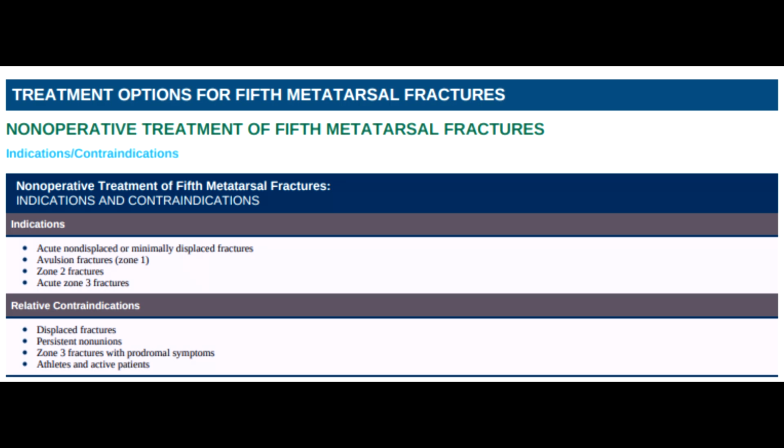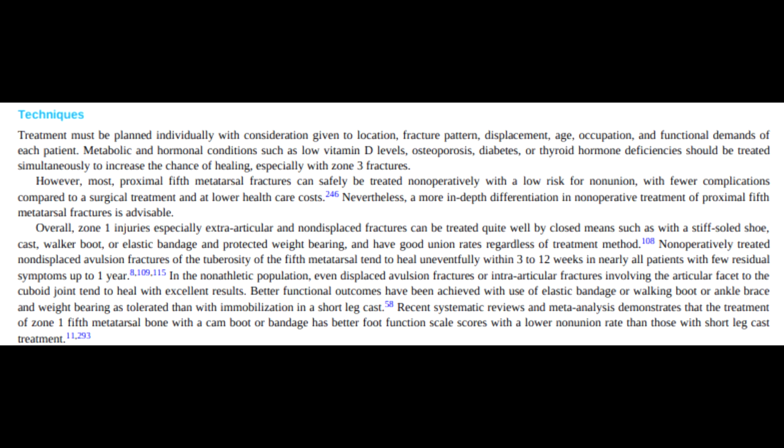When we choose conservative treatment, the plan has to be individualized. We need to consider the exact location of the fracture, the pattern and amount of displacement, the patient's age, occupation, and functional demands. We also have to correct underlying metabolic problems, such as low vitamin D, osteoporosis, diabetes, or thyroid disorders, because these factors can delay healing, especially in Zone 3 injuries.